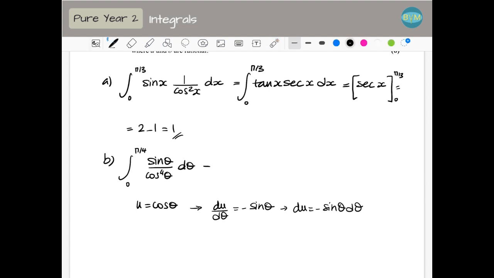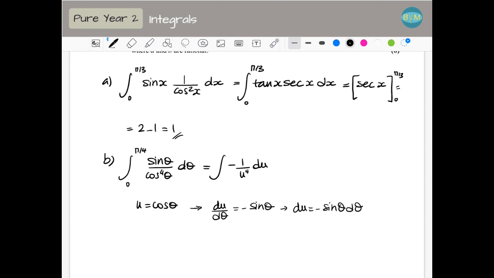So I can write this integral, and I'm going to change the limits in a minute, as minus 1 over u to the power of 4 du, because all this thing is minus du, and which is very easy to integrate. Now we change the limits.